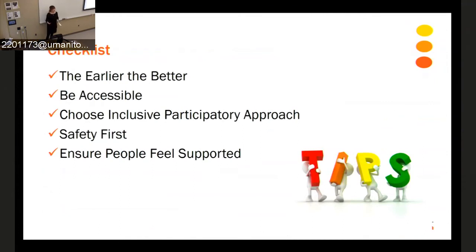And if there is a conflict, that we're going to be able to actually say, wait a minute, and challenge one another as well. Ensuring that people feel secure and feel supported as well.